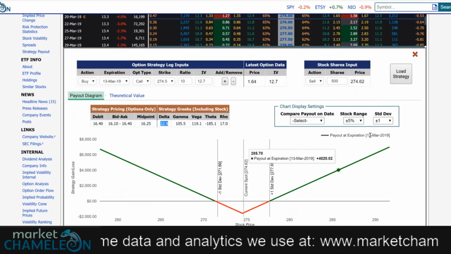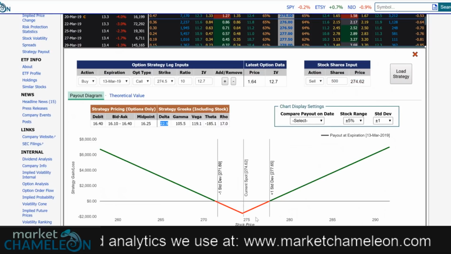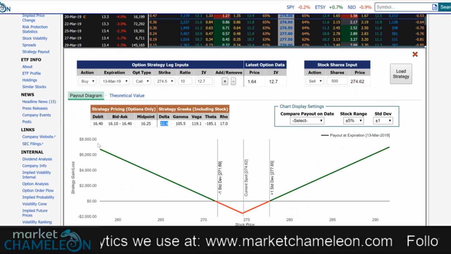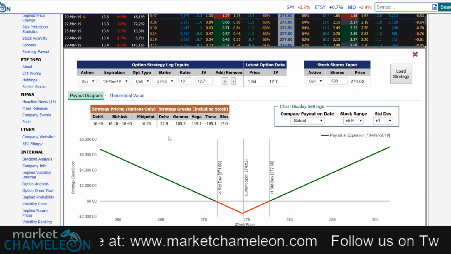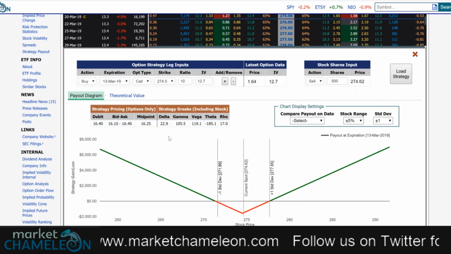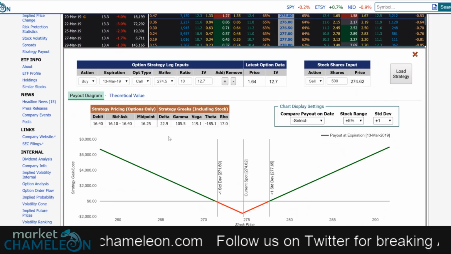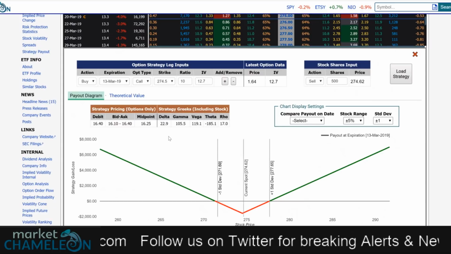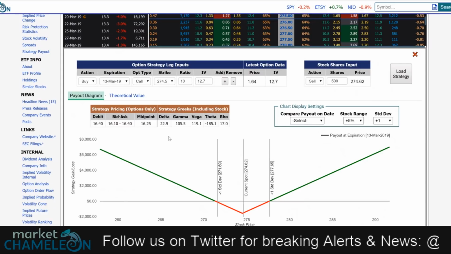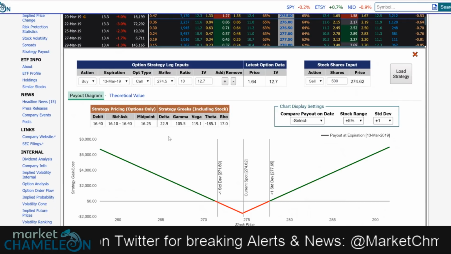Even on the way down, even though we have a call, we hedged it with short 500 shares, so on the way down we'll start making money over here. And that's how you would say, I'm delta neutral for the next dollar move. After it moves, our delta will increase or decrease, and we'll have to start re-hedging. So at this point, we're basically delta neutral.